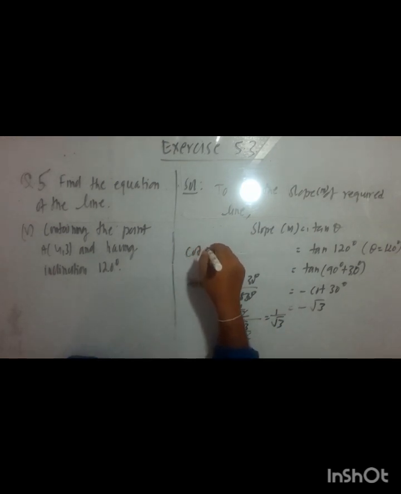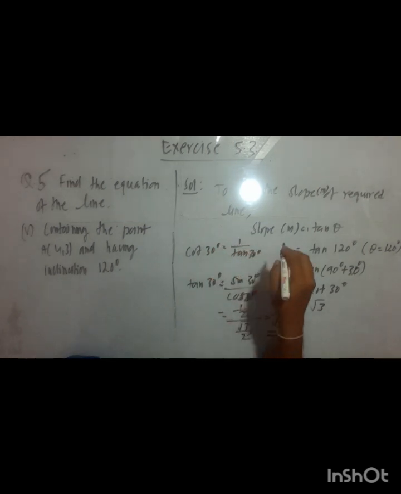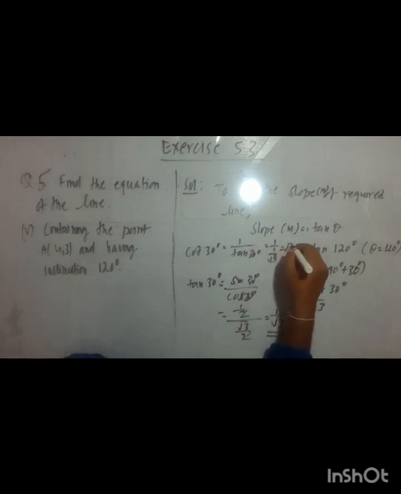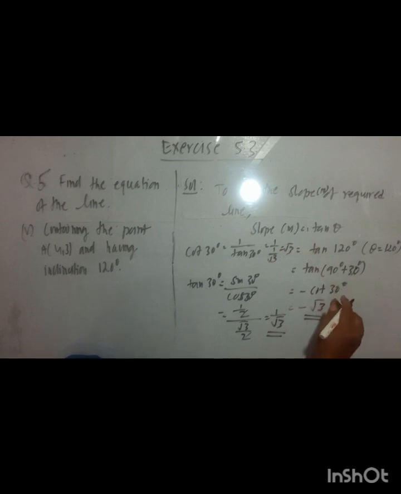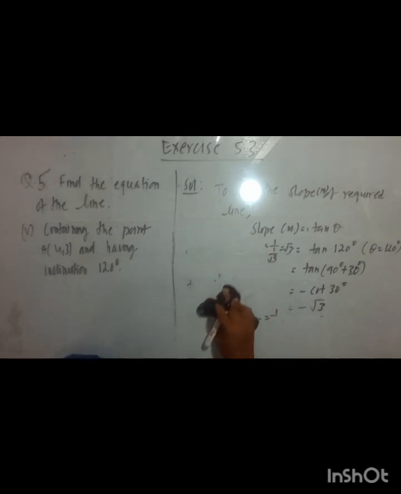Then cot 30 is 1 upon tan 30, that is 1 upon 1 by root 3, which equals root 3, and the minus sign will be there. This is how you determine the value of cot 30. So your slope is minus root 3.